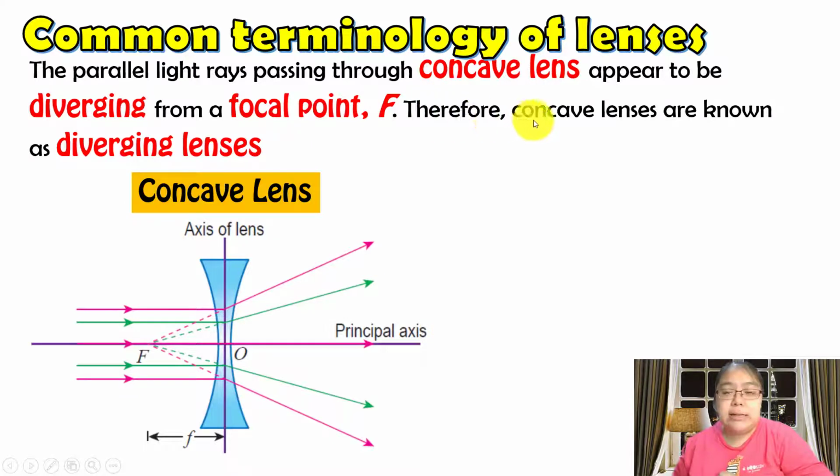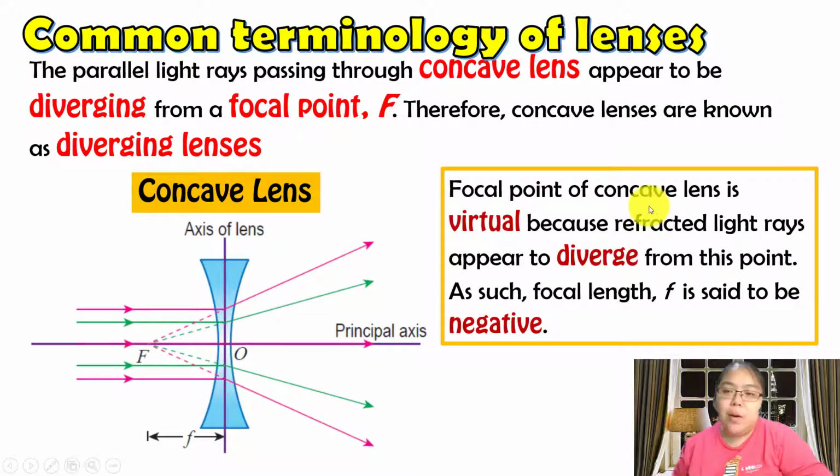So from here, they say therefore the concave lens is also known as a diverging lens. So where is the focal length? The focal length is just behind. So this focal length is surely a negative value, because it follows the focal point going to the behind. So we take it that this one is a virtual part. Okay, let's see how to explain.